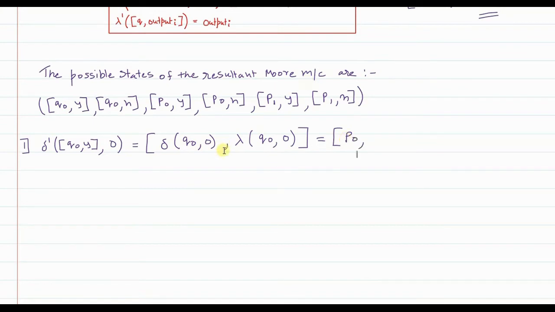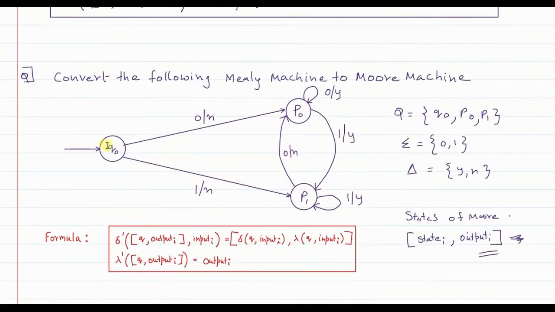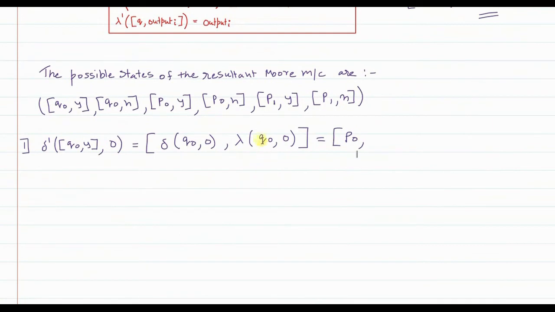Now lambda is the output generated for that transition. From state Q0 on reading 0, the output generated here is no. So this is the answer of del dash of Q0 y on 0.